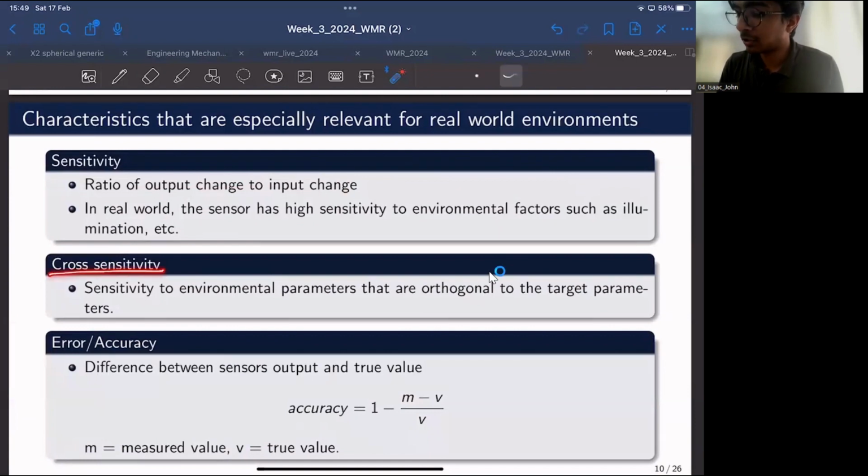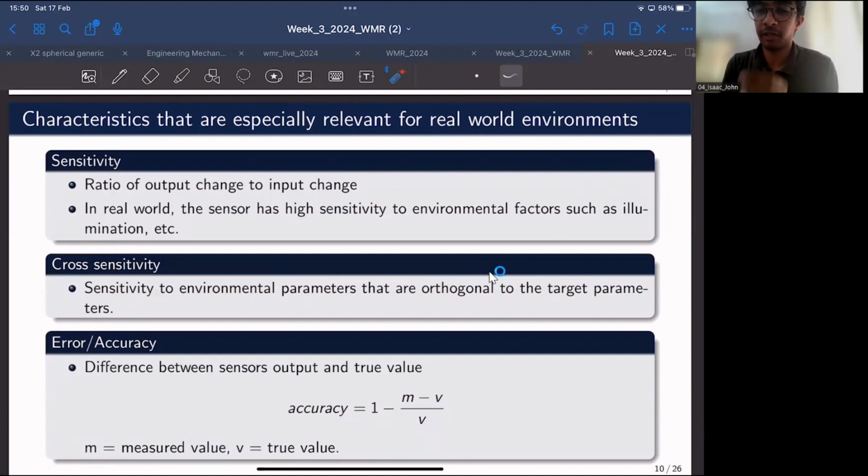There is also one more thing called cross sensitivity. That is the sensitivity of a sensor to environmental parameters that are orthogonal to the target parameters. For example, the thing we are measuring is getting affected by some other external parameters that are orthogonal to the parameters we are actually measuring.